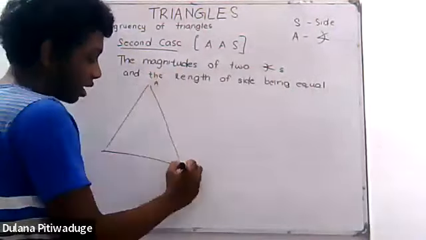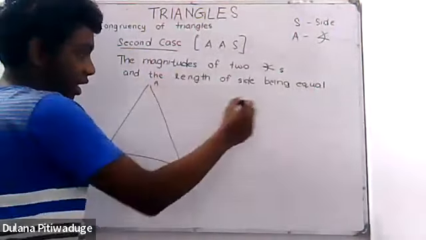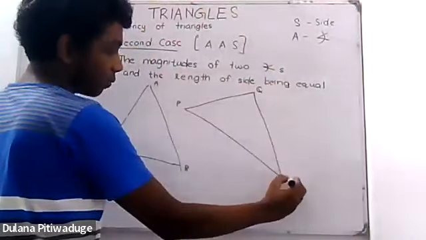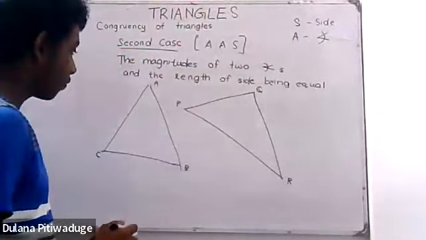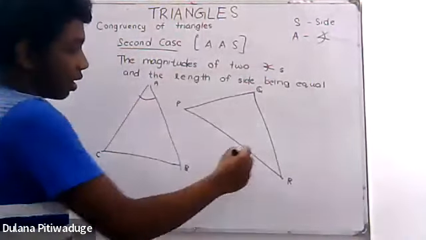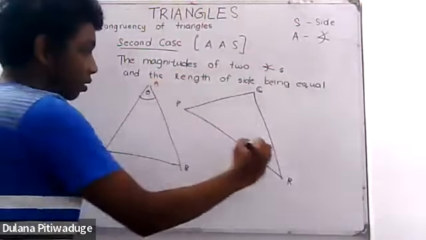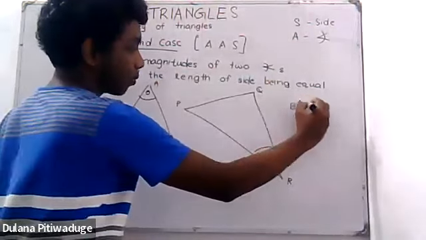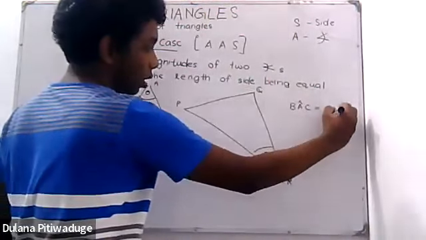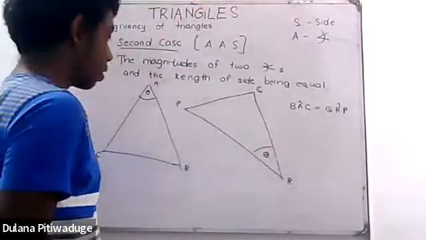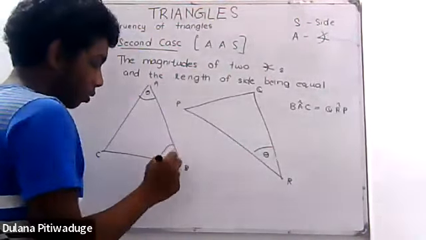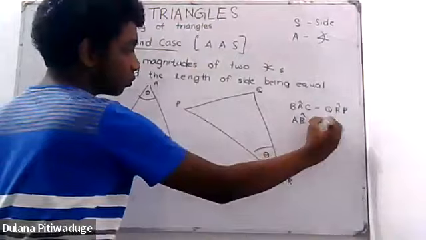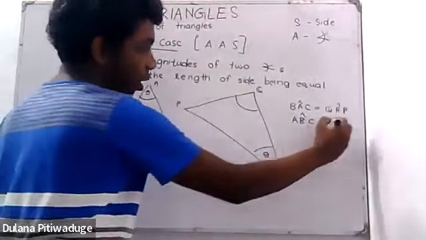As earlier, we can consider two triangles. Let's consider the first triangle as ABC and the other triangle as PQR. If this angle over here and this angle over here are equal, let's consider the angles as theta. If angle BAC is equal to angle QRP, and if this angle over here, angle ABC, is equal to angle PQR.